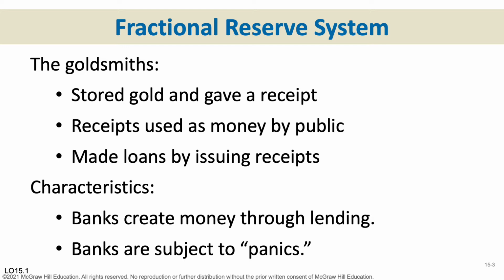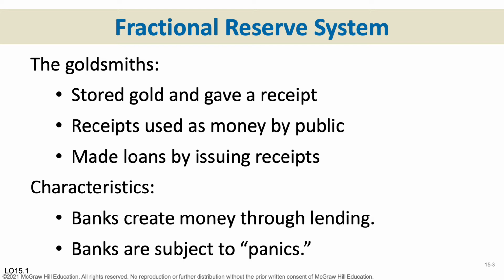I'm moving down under to characteristics now. When a bank loans money, we have to think about what happens. So we put our deposits of money with our bank. Our bank keeps a bit of that money, a fraction of that money, but it loans the rest out. The goldsmiths figured out that they could do that as well.